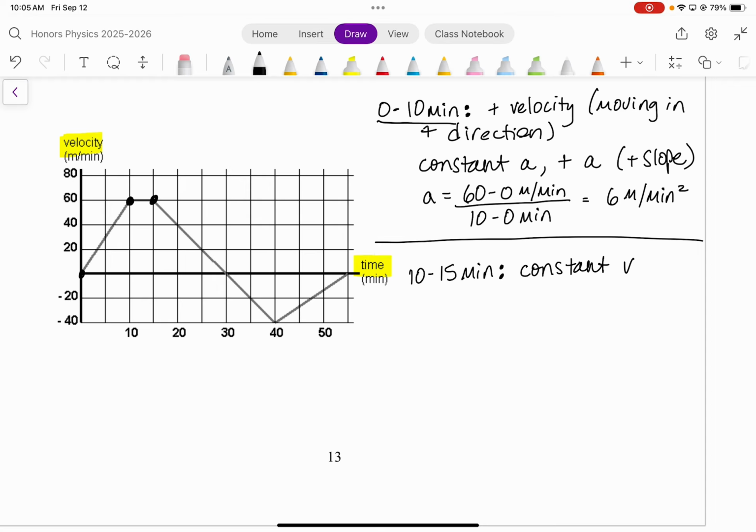It's a negative acceleration. So I'm just looking at from 10 to 15 minutes. Oh, sorry, it's constant. So it's constant, but what is the slope here? Between 10 and 15, it's 0. So slope equals 0. So acceleration equals 0.